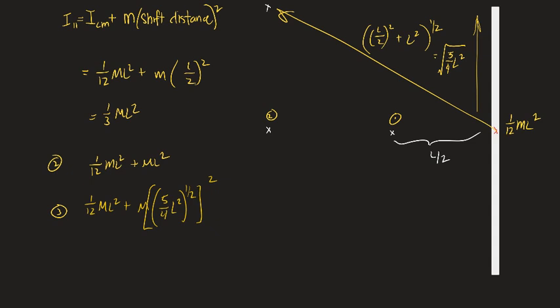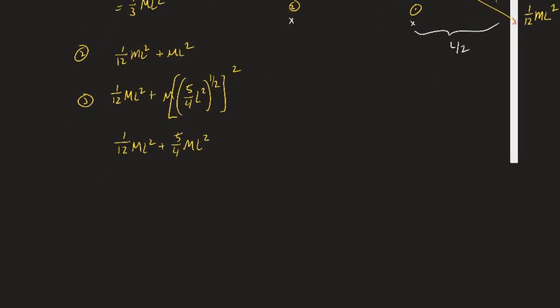Just writing it all out. So it ends up being 1/12 ml squared plus 5/4 ml squared. We'll need common denominators. And in this case, 1/12 ml squared plus 15/12 ml squared. So I get 16/12 ml squared, which is 4/3 ml squared.